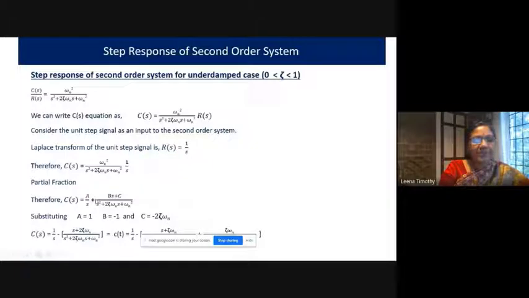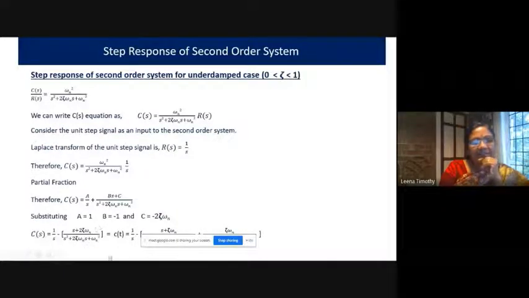So substitute these values in this expression. 1 by S minus, B is minus, and for C it is also minus. So take minus outside: S, B is equal to 1 there, plus 2 theta omega n divided by S square plus 2 theta omega n S plus omega n square.